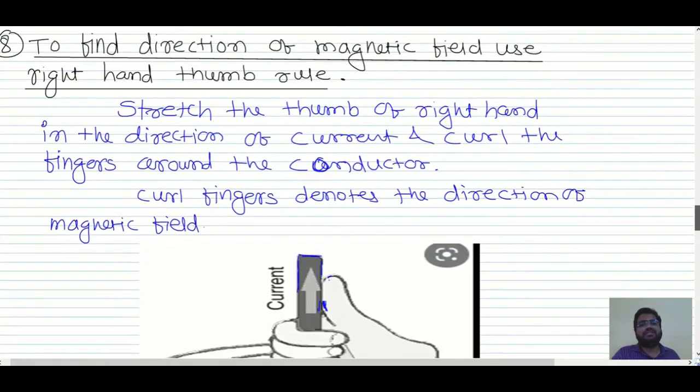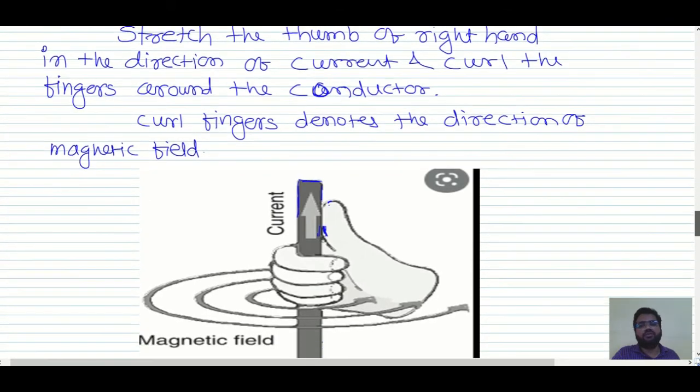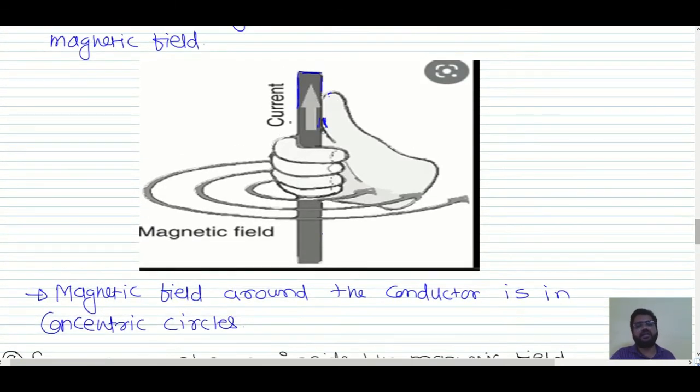To find the direction of the magnetic field, we use the right hand thumb rule. Now see, what is the right hand thumb rule? You have to consider this current carrying conductor in your hand. Stretch the thumb in the direction of the current and curl the fingers around it.